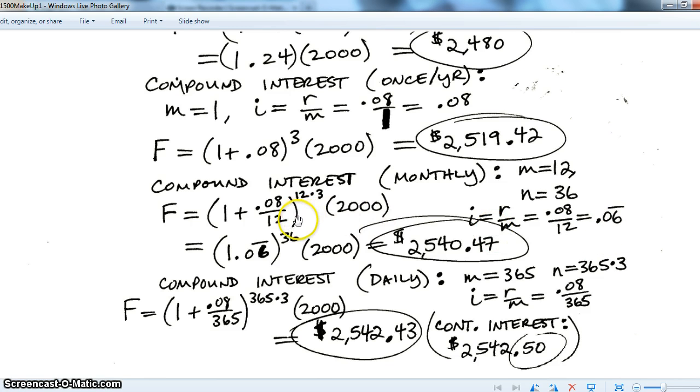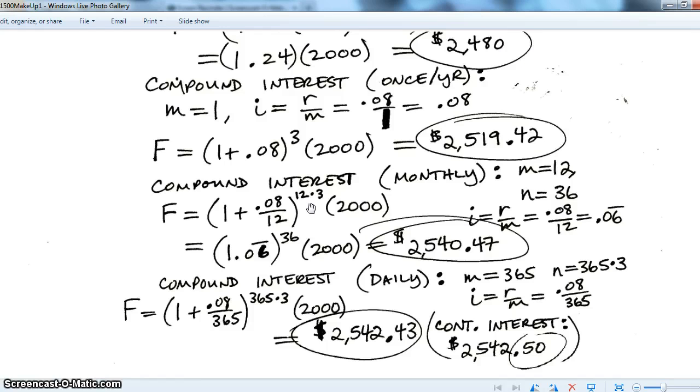But really, if you're doing it on the calculator, don't use these repeating decimals, because if you truncate them, you're going to lose some accuracy. So you really should just enter it in as 1 plus 0.08 over 12, in parentheses, raised to the power. If you can avoid rounding until the very end, then that's going to give you a more accurate result.